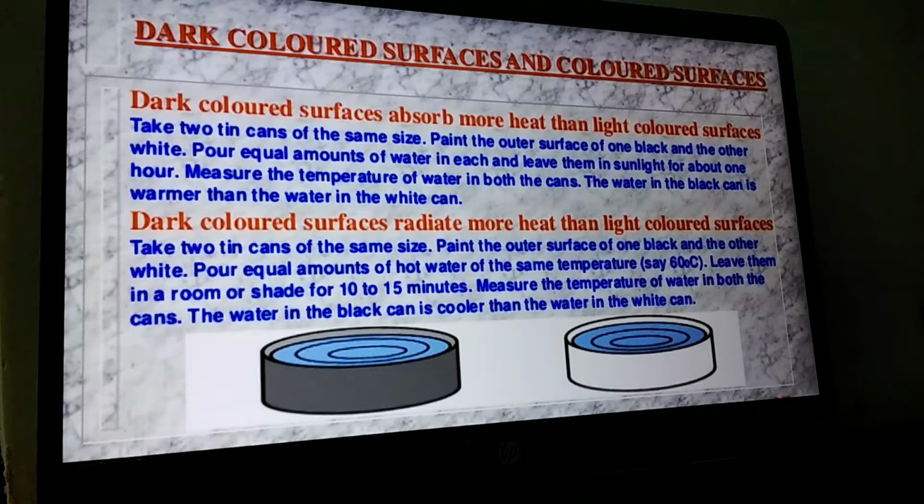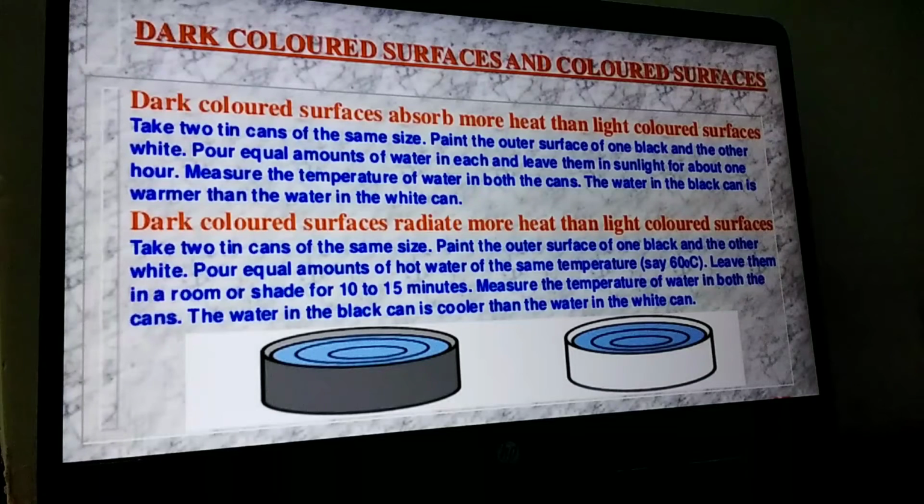So here is the activity which is shown on the slide, the dark colored surfaces and light colored surfaces. Dark colored surfaces absorb more heat than light colored surfaces. Now take two cans of same size, paint the outer surface of one can with black and the other one with white.